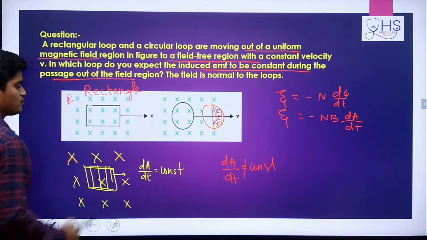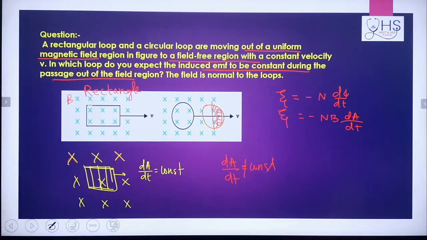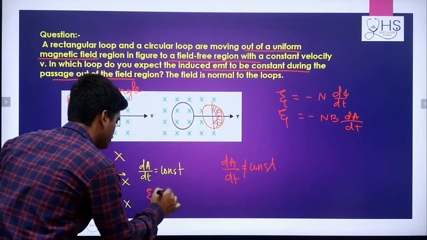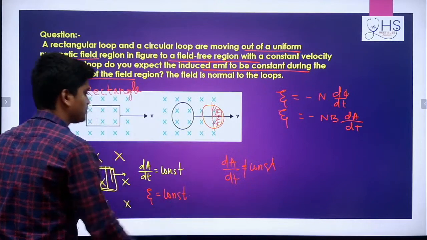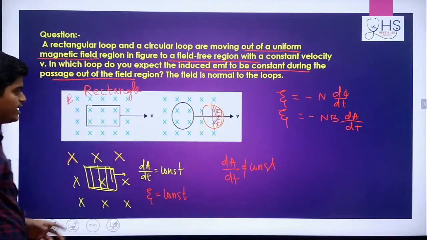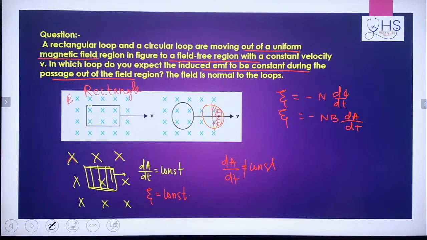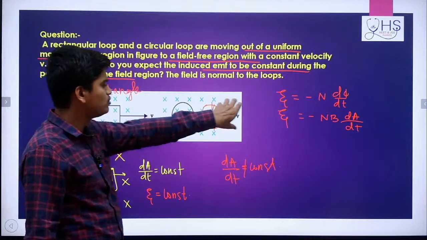Area change is constant, so EMF is also constant. But in the circular or elliptical loop, area change is not constant, so EMF is also not constant.